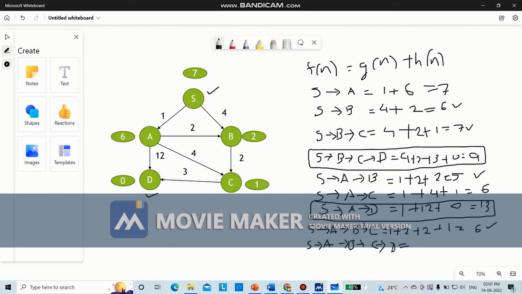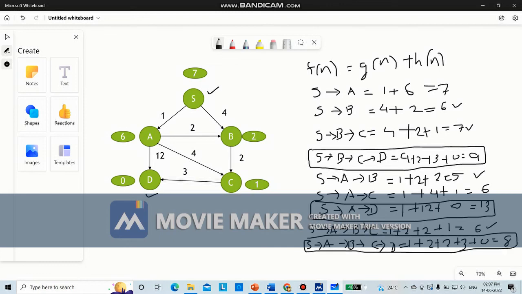SABCD. 1 plus 2 plus 2 plus 3, and here H of n is 0. So it is equal to 1 plus 2, 3, 4, 5, 6, 7, 8. So 8. So here we have reached a goal node. So again this can form one of the paths.